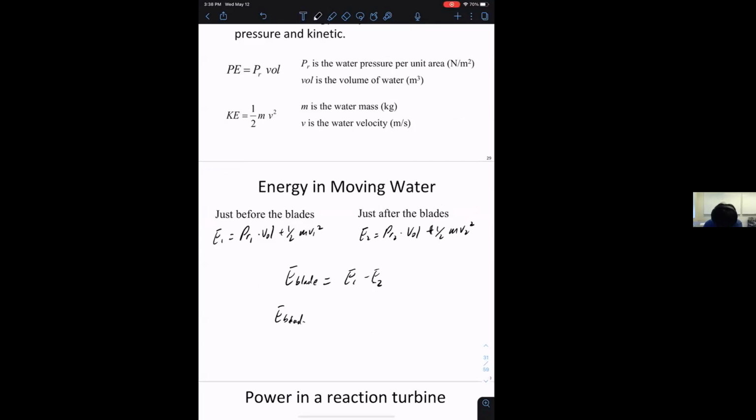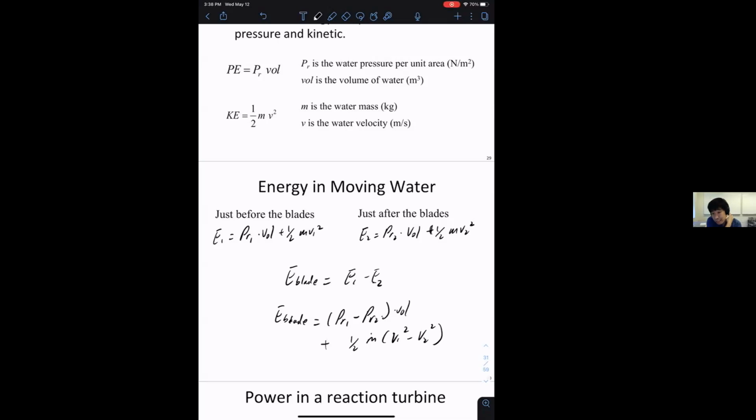The energy we get on the blade is the pressure difference times the volume plus the mass times the difference of the squares of the speeds. So this is the equation we get by looking at before and after.